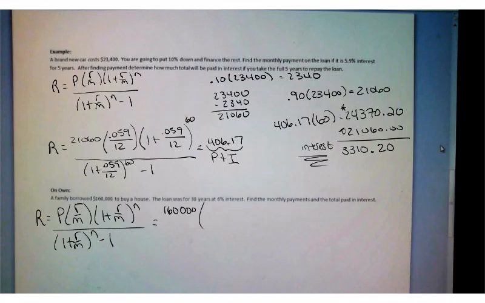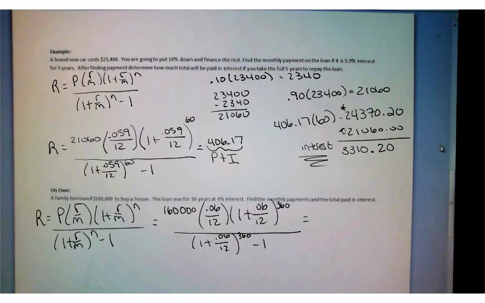Plug in 160,000 for P. We're dealing with a 6% interest rate and monthly payments, so this is what's getting plugged in here. Our N, for monthly payments for 30 years, brings our N to a total of 360. Just plugging in the correct numbers now down here. This way you can check your numbers.